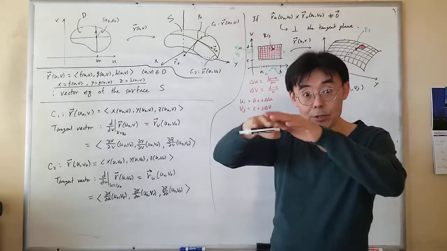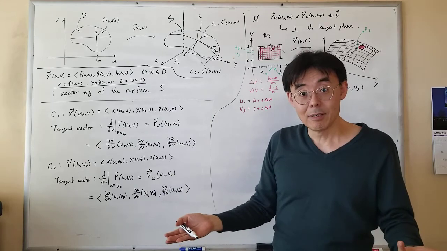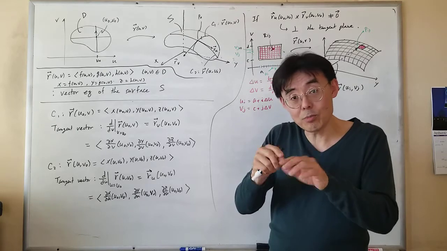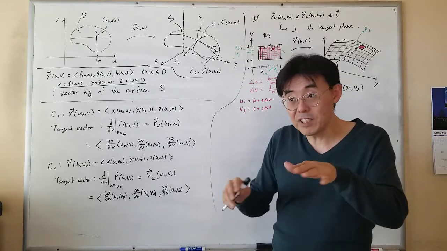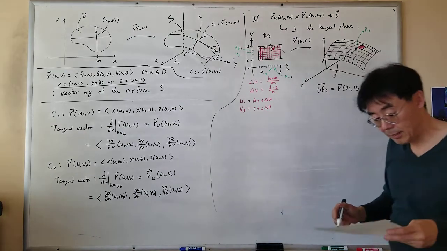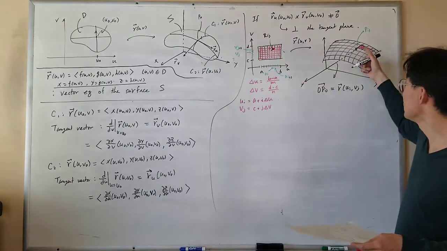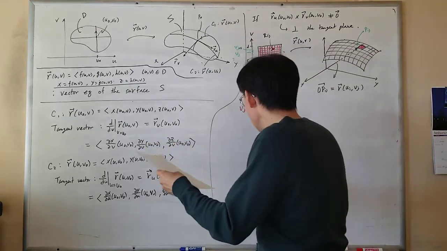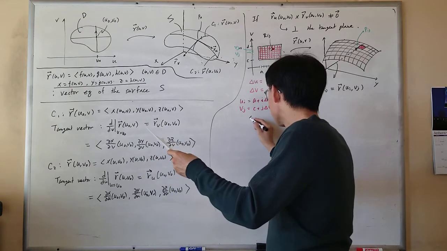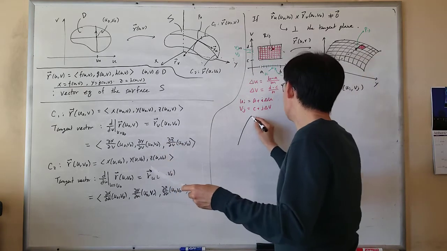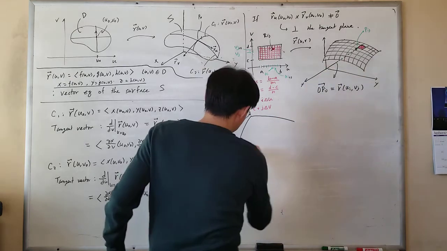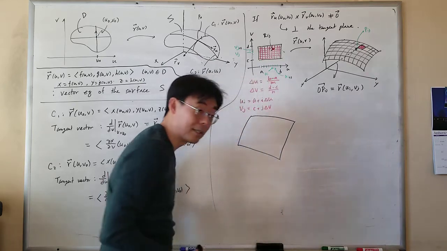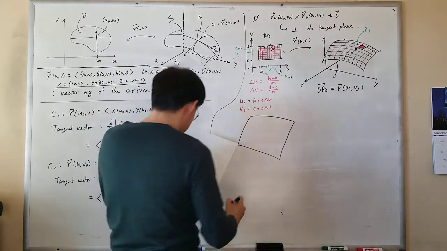On Earth, even though Earth is a sphere, because it is so large and the area you can see is so small compared to the entire size, you don't feel any curvature. Same thing: when delta u and delta v are very small, this will also be small, and you don't feel much of a curvature. So what I'm trying to say is that if you magnify that region, it's almost planar.